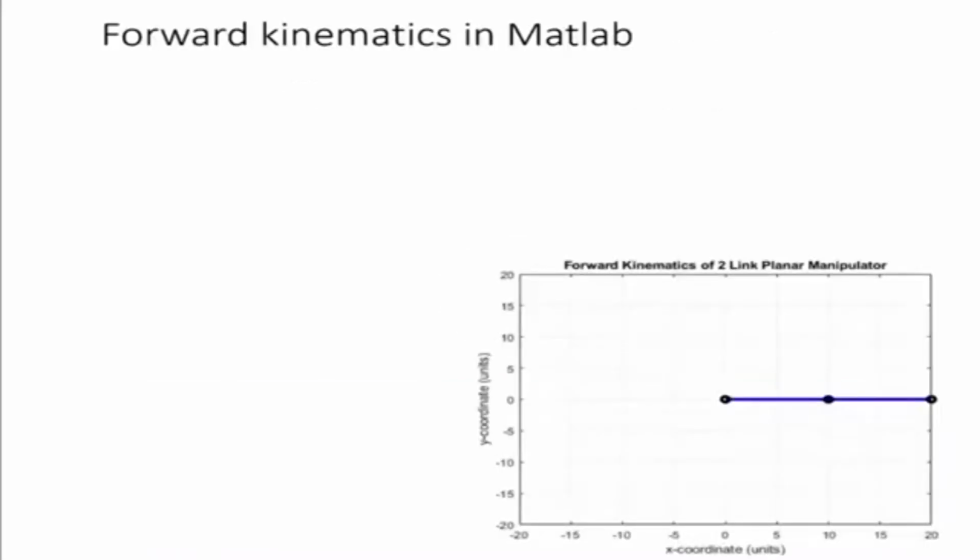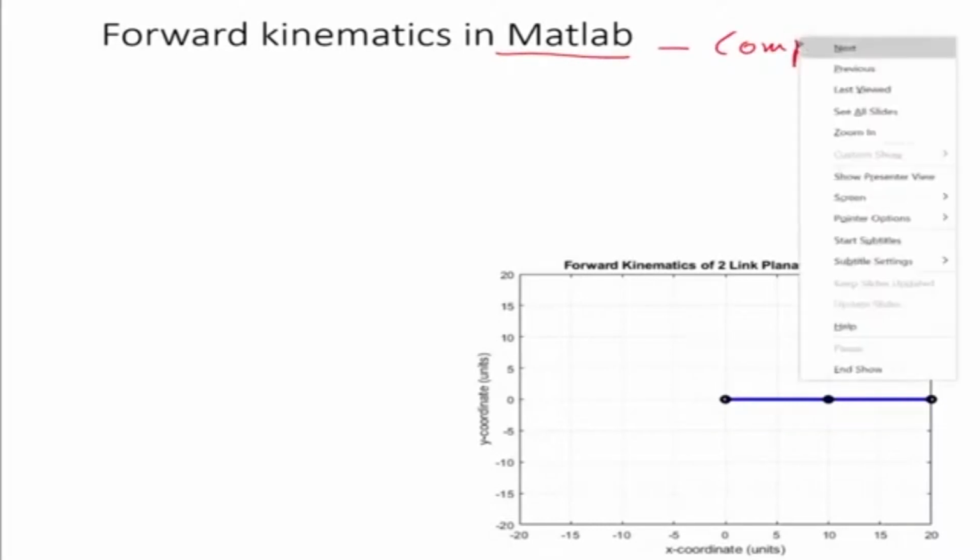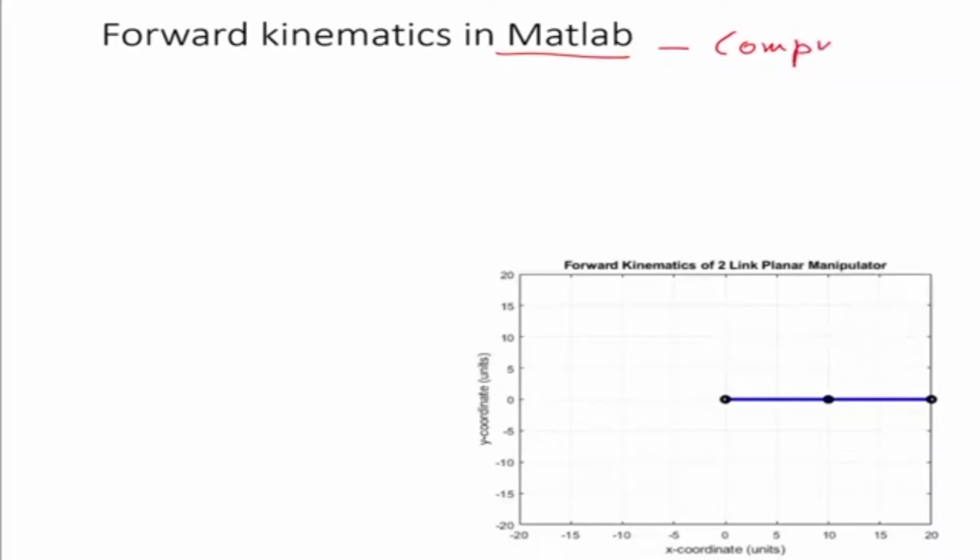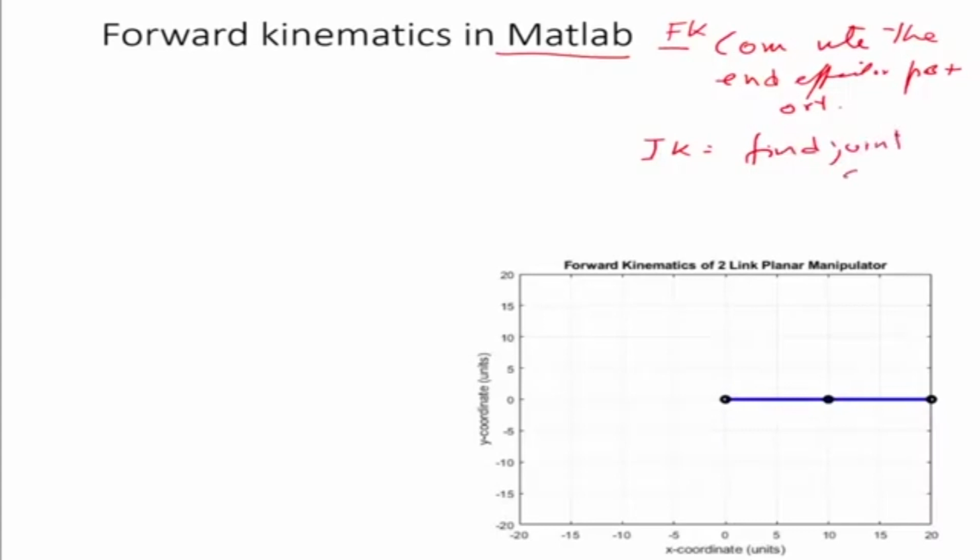Now, I discussed the various steps involved in doing forward kinematics and inverse kinematics, and today I'll talk about how to write a MATLAB code that can first of all compute the end effector position and orientation, that is in forward kinematics, and in inverse kinematics it should be able to find the joint angles. Okay, so these are two things which the code should be able to do.